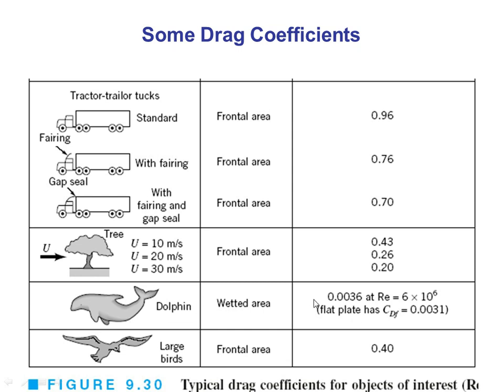So streamline one, less separation, you get like this. But it's quite high because he needs a lot of flight thing. Let's say take a tree, a tree at 20 meters per second, the drag coefficient say 0.26. So, no, that's also quite small.